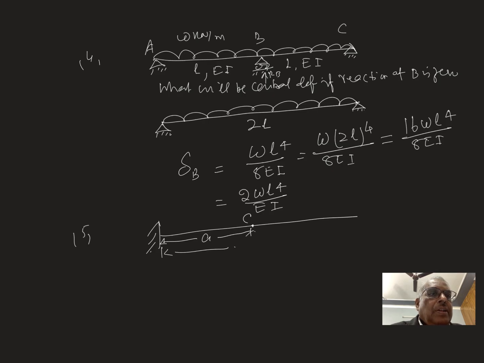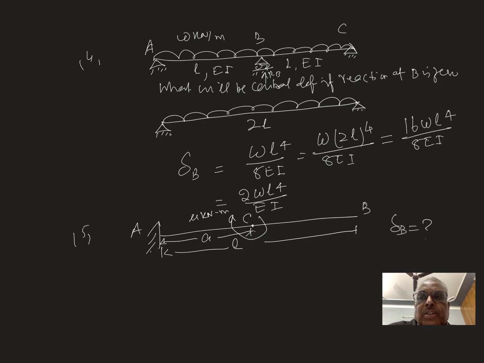Total length is L. A, B. The question is, what will be the deflection at B, where there is a couple, Mu kilonewton meter? How do we solve this problem?